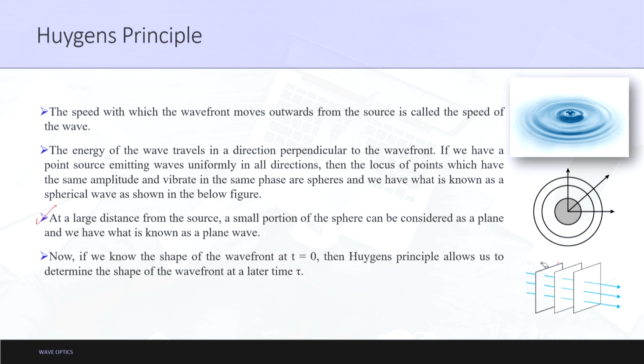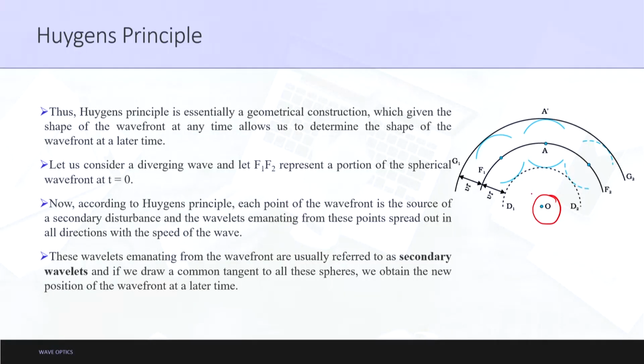Moving on. One of the principle's applications was this: if we have a wave front at t equal to 0 and we want to find the wave front at some t equal to tau, how will we calculate it? We discussed this in the last lecture only. Let us suppose this is the primary disturbance point. Let me write it here for more clarity.